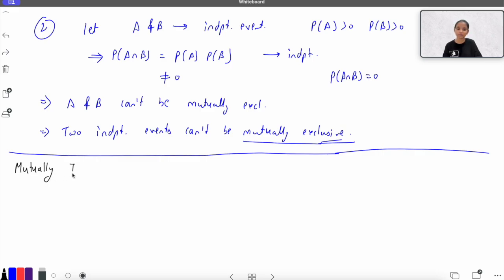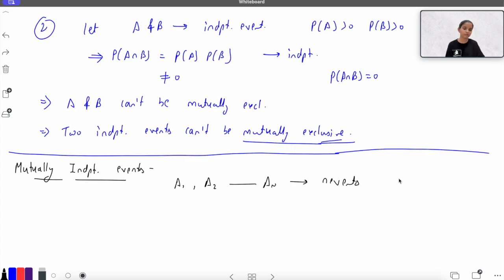Mutually independent events. So for the mutually independent events, let's just say we are having some events like A1, A2 to An. I am having n events. And we would say that these n events, which are defined on some sample space, are mutually independent if they are independent in pairs.